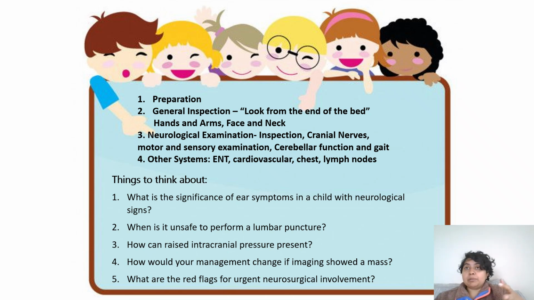Do not perform that, but ask if she has any difficulty swallowing, or you can give her a glass of water and ask her to swallow, and you can have a look if she's doing it well. And then cranial nerve 11 and 12, which would be your shoulder shrug against resistance, and also tongue movements and any fasciculations in the tongue. You want to see those. That would be your part of cranial nerve examination.